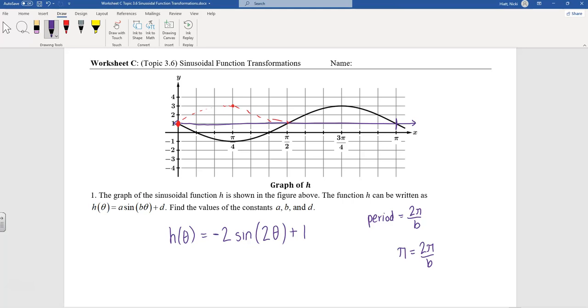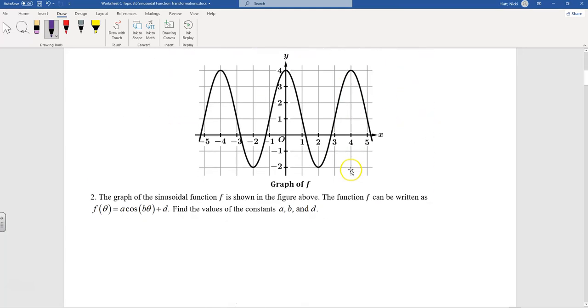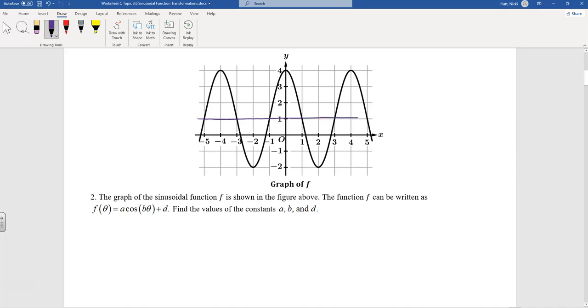Okay, questions on that part? For number 2, they tell us this is a cosine function. Cosine function actually makes this the easiest to deal with here because if we want to draw in our midline, it is right here on this graph, right?